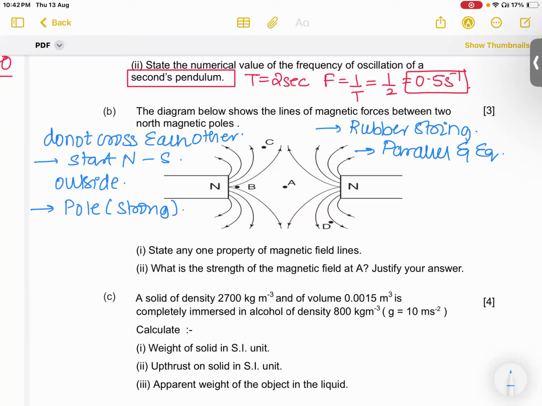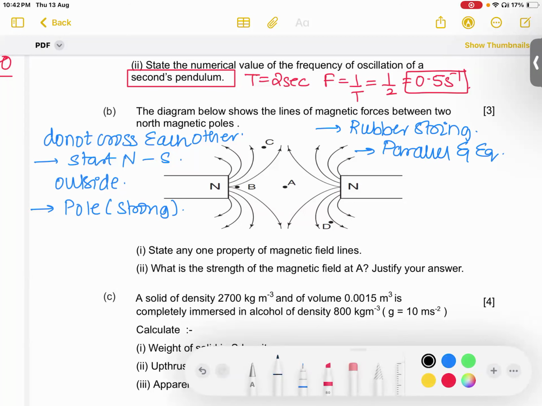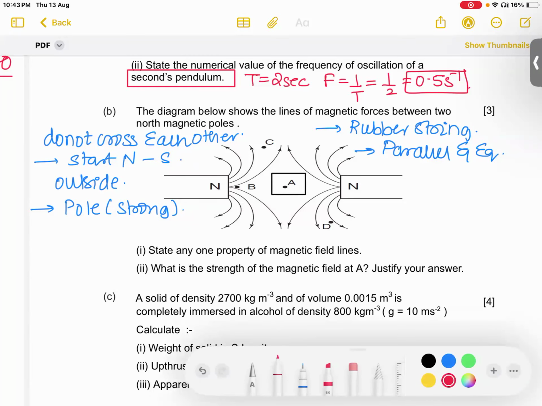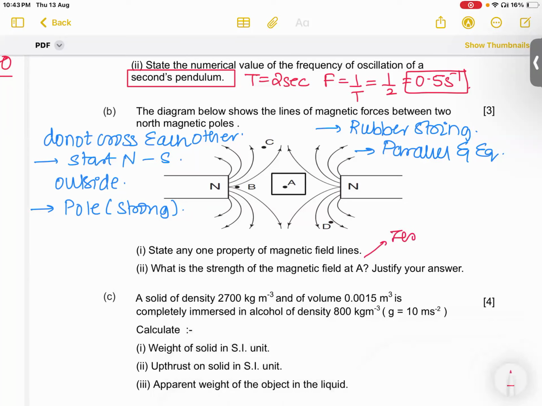What is the strength of the magnetic field at A? Justify your answer. So guys, when I talk about this point A, the point A is exactly somewhere at the center between all of these locations. So I feel the magnetic field at point A would be 0.